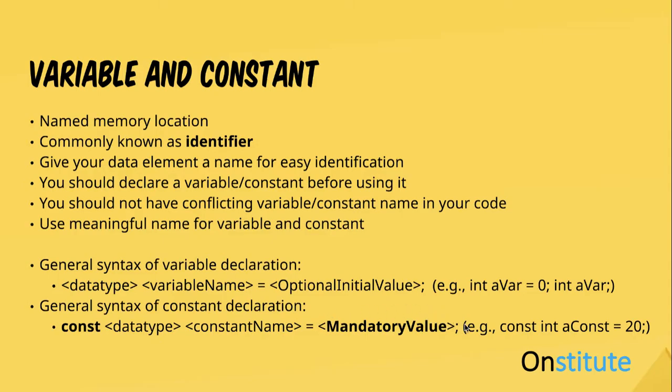It is mandatory. So in this example, as you can see, here is a constant declaration. The name of the constant is a const. The type of the constant is int. The line begins with the keyword const. And finally, a value 20 has been stored inside that constant.